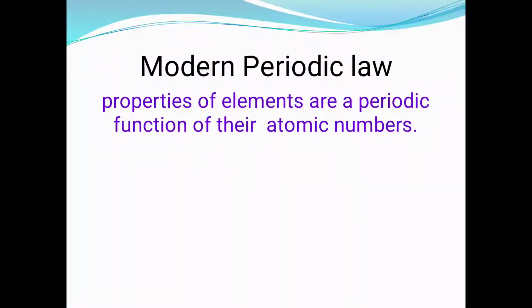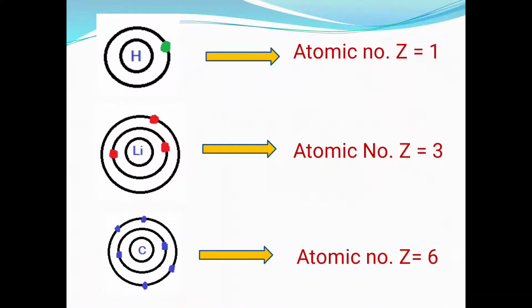Okay, let's recall what is atomic number first. So these are the three elements. This is hydrogen. We know that in the atom of any element, in the nucleus protons and neutrons are present, and we also know that number of protons is equal to number of electrons arranged outside the nucleus in the orbit. So instead of counting the number of protons inside the nucleus, we can count the number of electrons very easily.